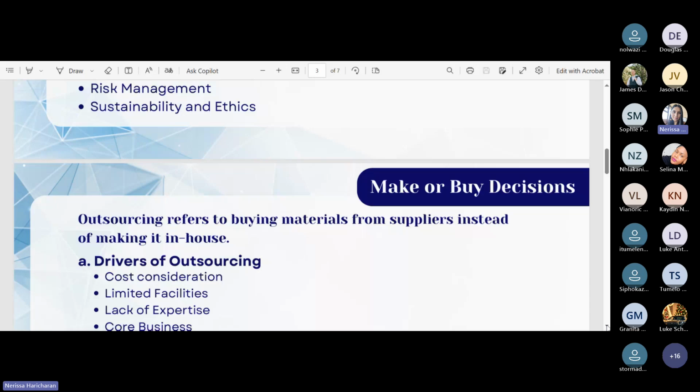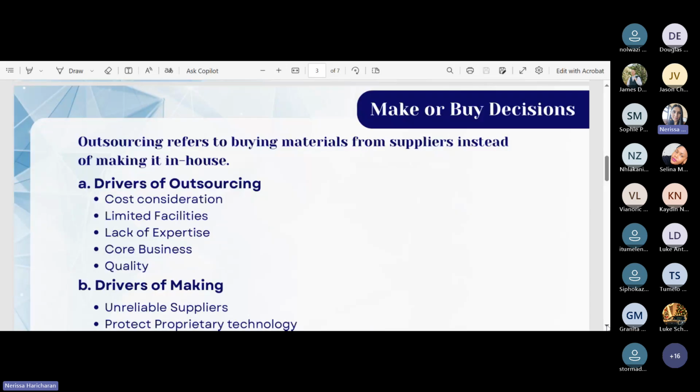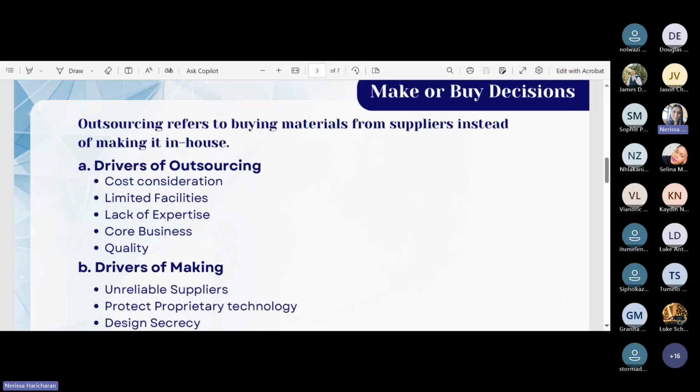Okay. The next one is when we look at outsourcing. So making or buying decisions, okay? Outsourcing basically is purchasing any material or components or even a service from suppliers instead of doing it in-house.